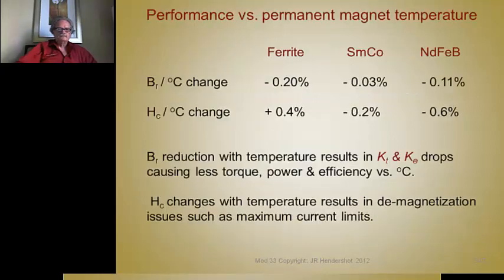Then there's a big difference in performance due to the thermal characteristics of magnets, the B and the H. Here's a summary that I alluded to in a previous one, but you can see what the differences are. The flux drops 0.2% per degree C of temperature rise. The resistance to demagnetization actually gets better as you get hotter. The ferrite motors resist demagnetization better when they're hotter.